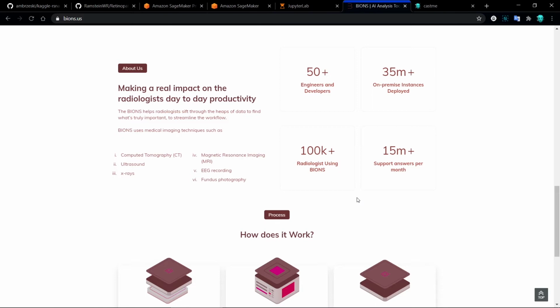Then X-rays, and fundus photography, which is specifically used for retinopathy, diabetic retinopathy, that's the blindness detection.